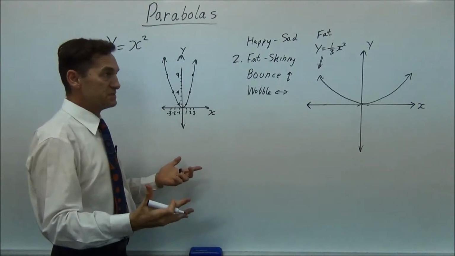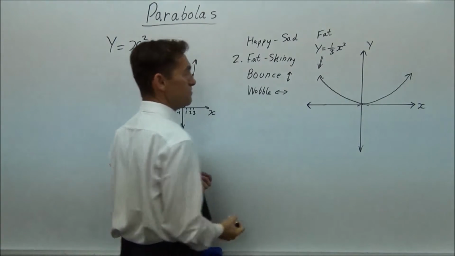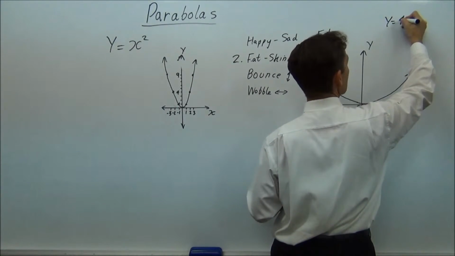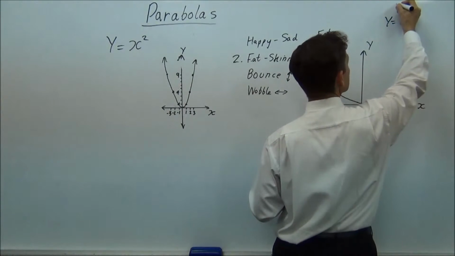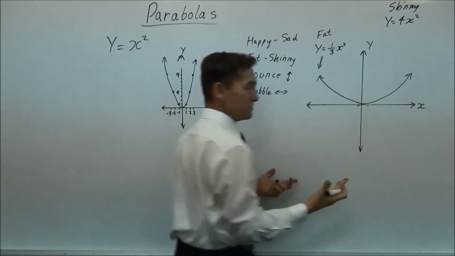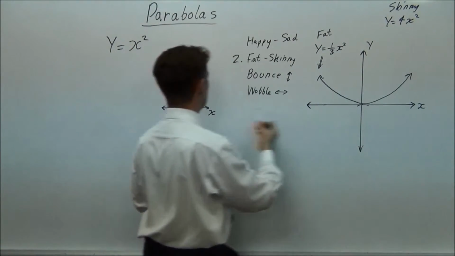All right. If we make a skinny one, we're going to make this number big. So a positive big number. So make a skinnier one. So y equals, say, 4x squared. This is going to be skinny. And the reason is it's going to go up faster. So it's going to go up 4 times as fast as this one.